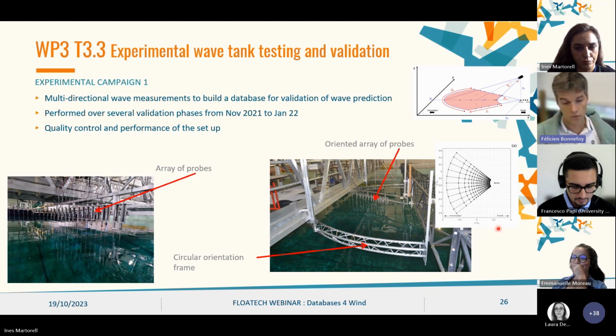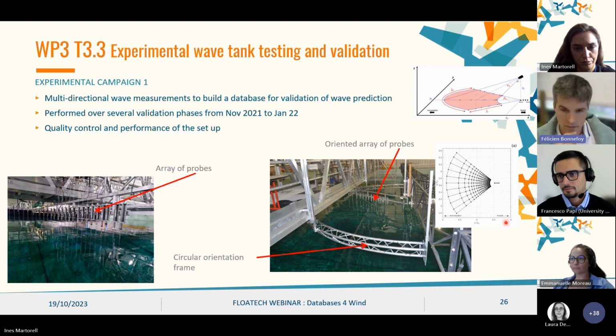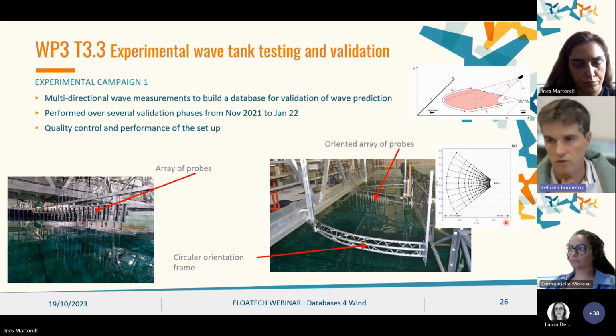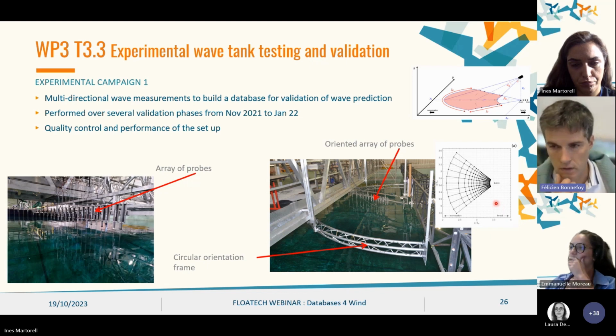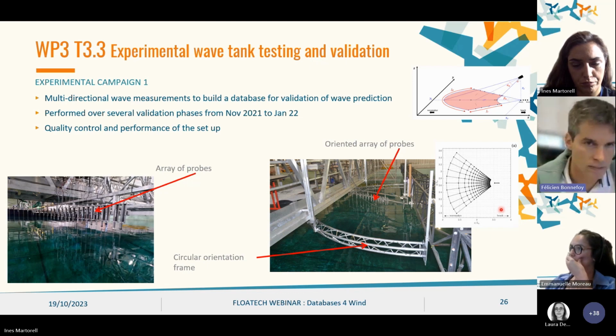All the probes are aligned on a network that is a linear array of probes that have been rotated several times. And by reproducing the same wave again and again in the tank at a different direction each time, we can gather all the data and get this scan of the free surface in front of the floating wind turbine. Okay.